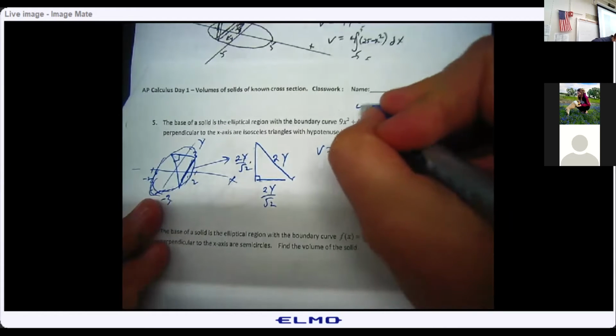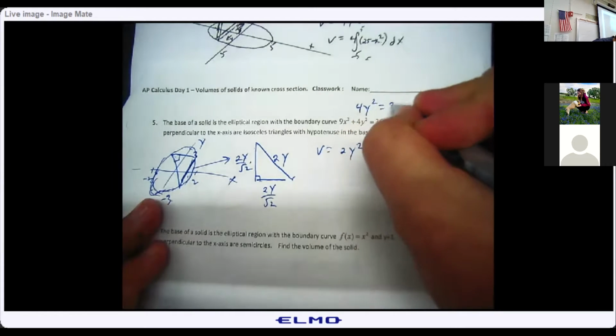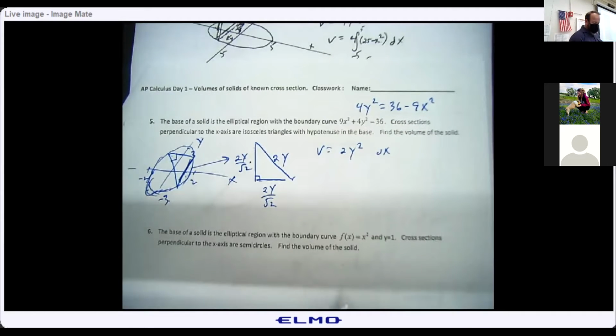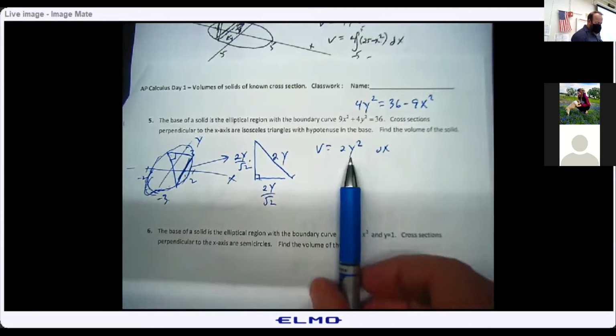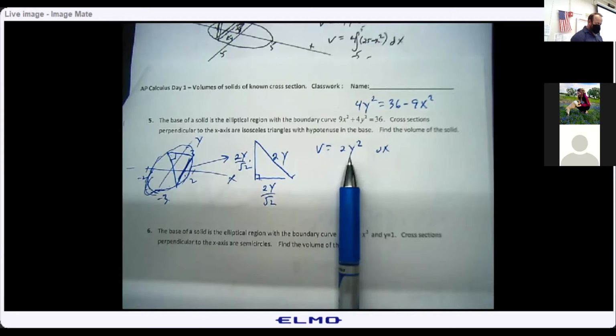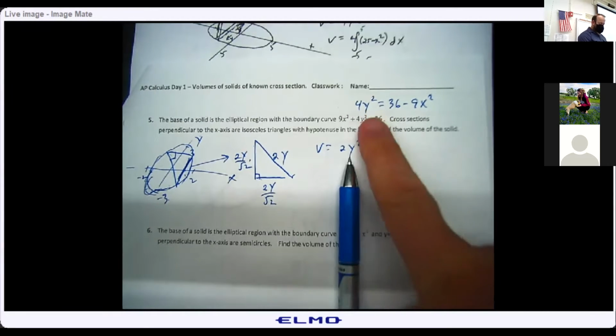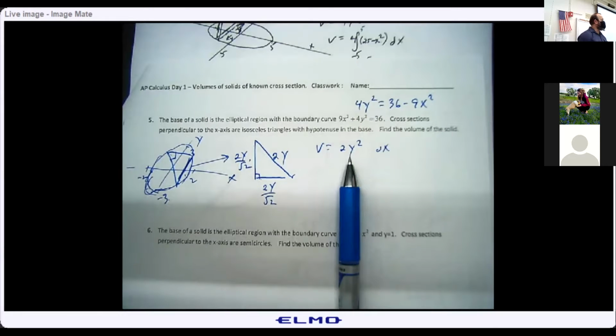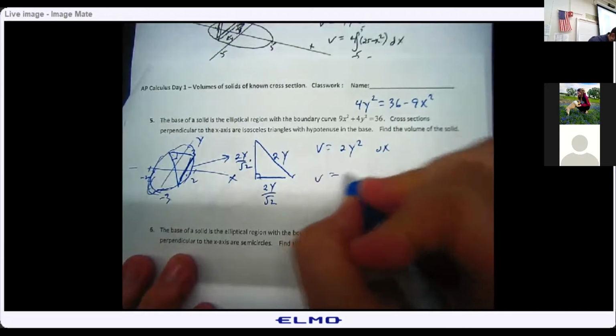But we did this a little bit back in our U sub days. What do you want then? What is 2y squared? The equation says 4y squared is all that stuff, so what's 2y squared? Half of it. Sweet.